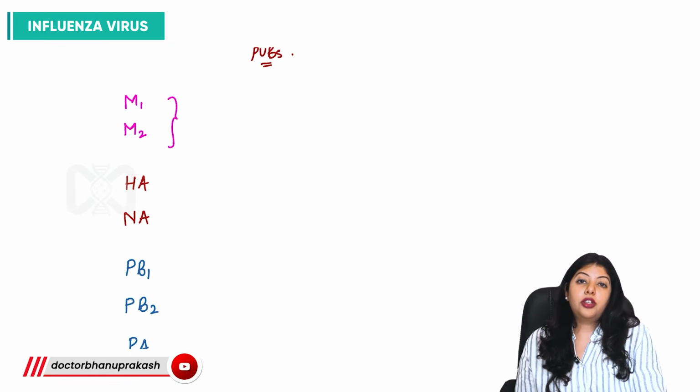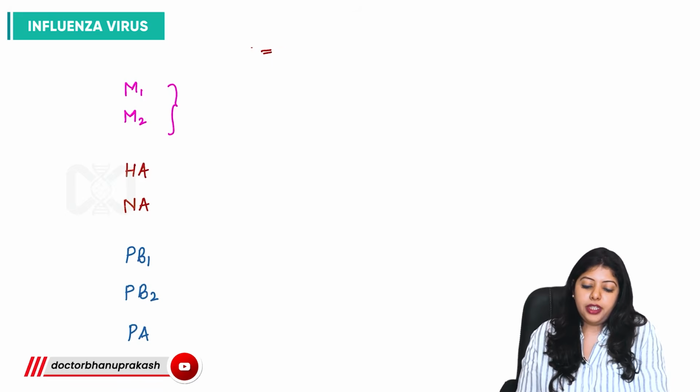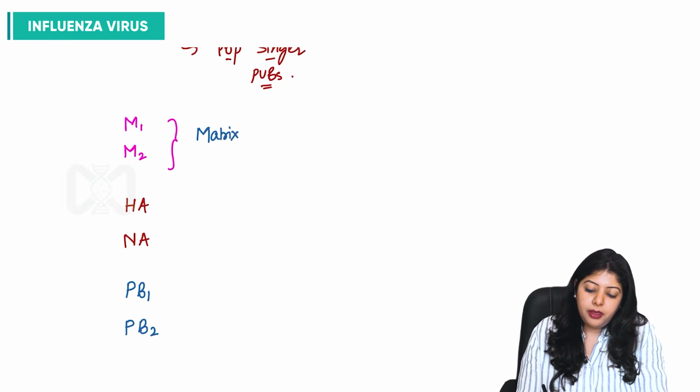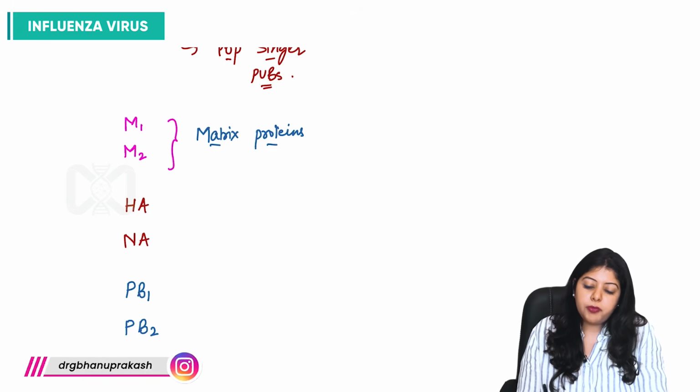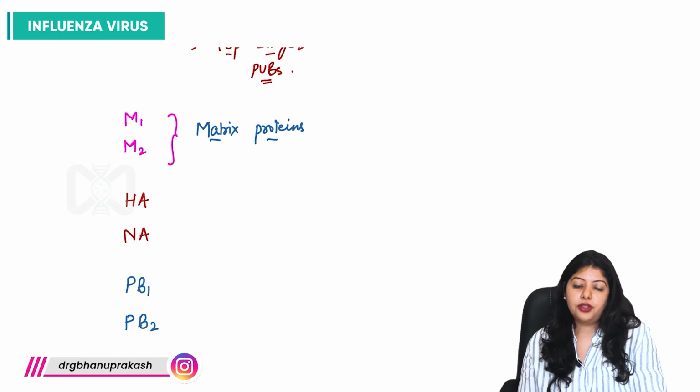So what are these structures defined as, and what are the important roles of these structures? Firstly, M1 and M2 are the matrix proteins. These will be responsible for viral entry and the destruction of the host surfaces, right?